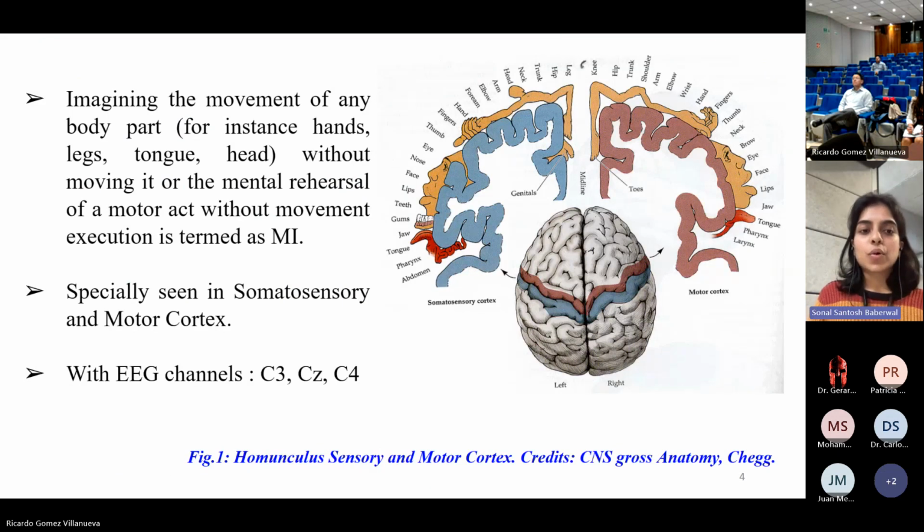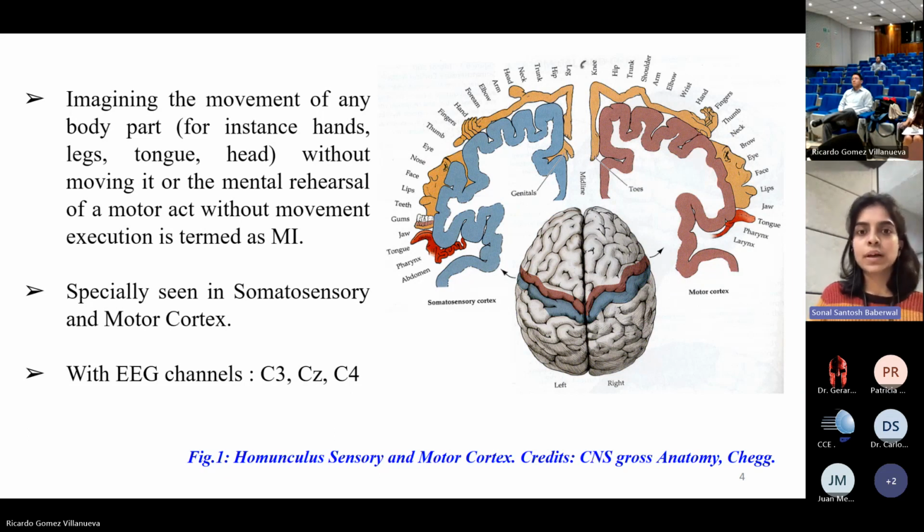So here a figure represents the motor cortex and the somatosensory cortex, which are responsible for the motor imagery activities in a human brain. So for instance, when we imagine the movements of hands or feet without actually performing the movement, it is known as motor imagery signals.